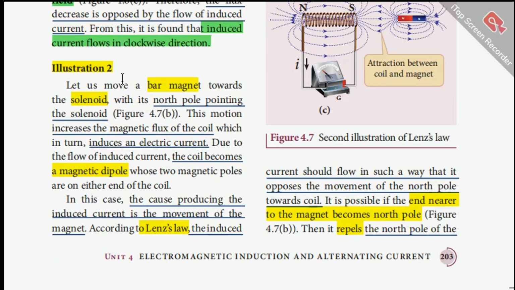Now, in the second illustration, we are using a bar magnet, and let us move that bar magnet towards the solenoid with its north pole pointing at the solenoid. That is 4.7b here.